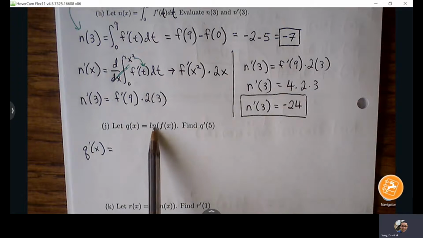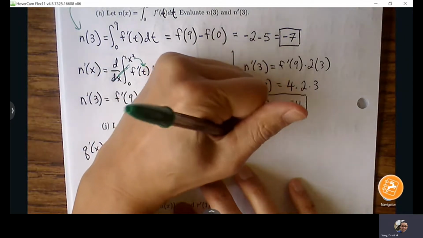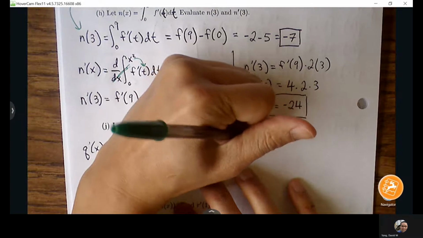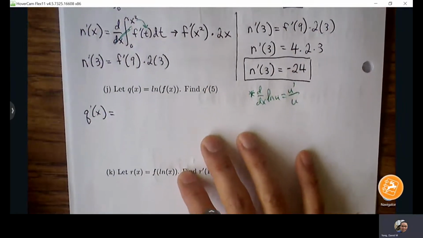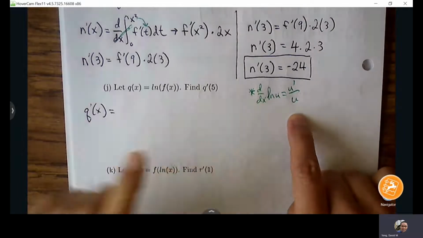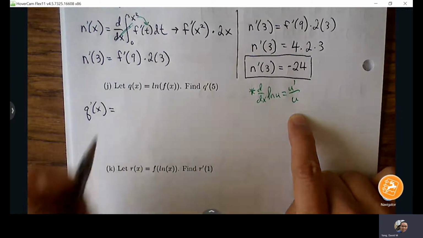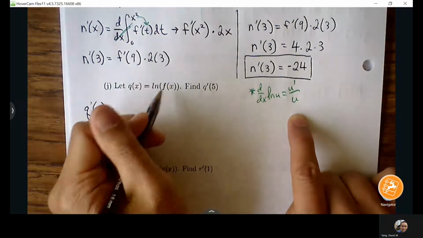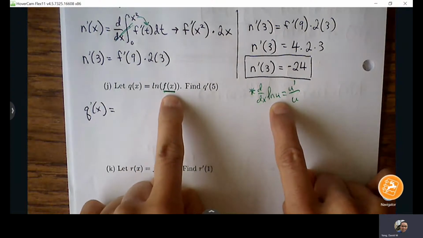Okay, so first up is this natural log of u. As a reminder, this is on your formula sheet as well. Natural log of u's derivative is u prime over u. What's the u value in this natural log function? Okay, the u value is that f of x, right? It lines up nicely with the rule that we want to apply.